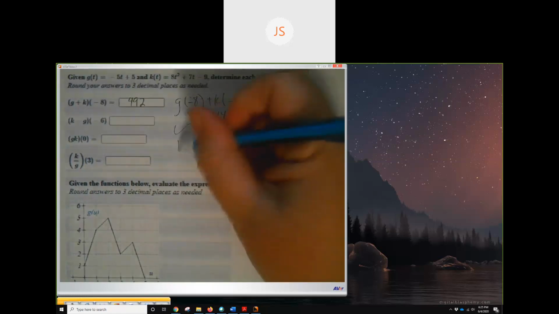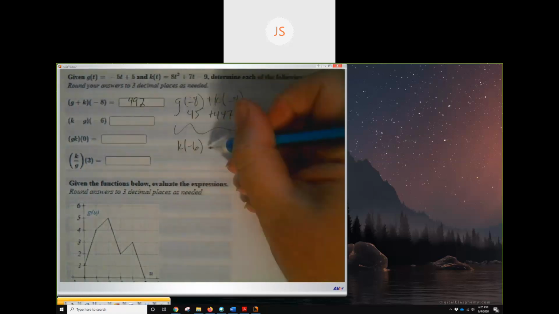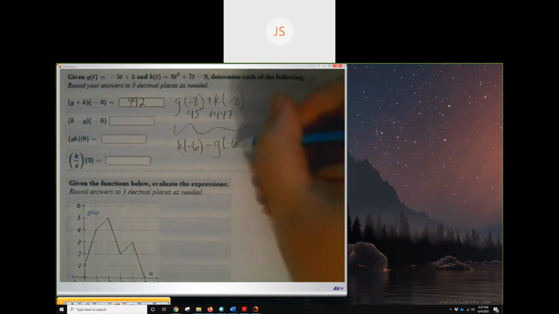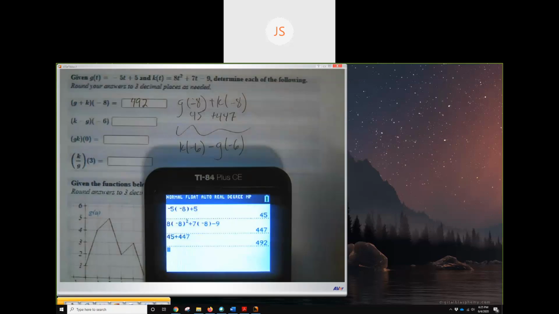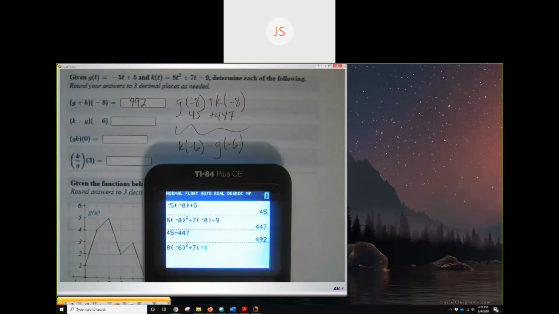So then this would be k of -6 minus g of -6. So k of -6 is going to be 8 times -6 squared plus 7 times -6 minus 9, which is 237.